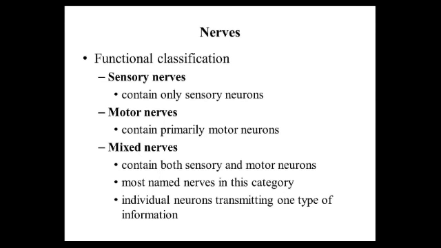It can't send two types of signals. An action potential is an action potential, period. It can't tell you that's hot, that's cold. So that means we're going to have separate receptors on it. Some for hot, some for cold. When you touch something warm, the hot receptors fire. When you touch something cold, the cold receptors fire.